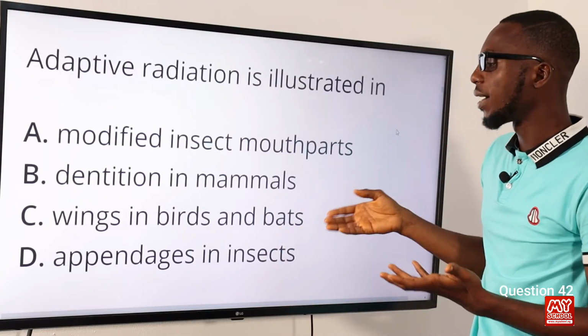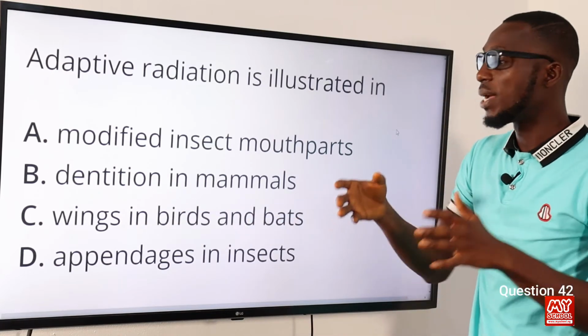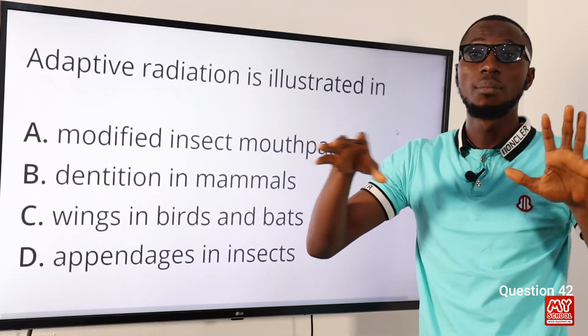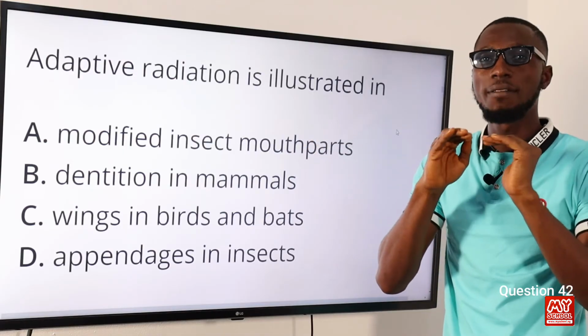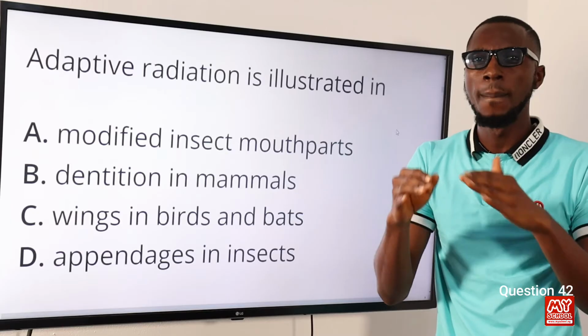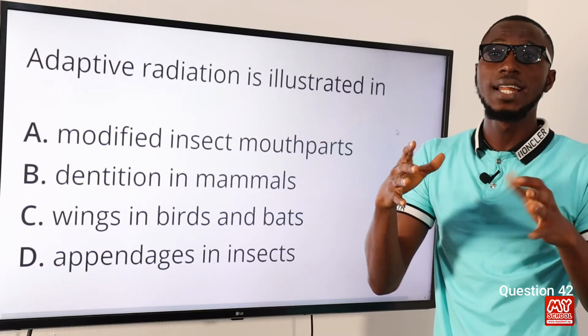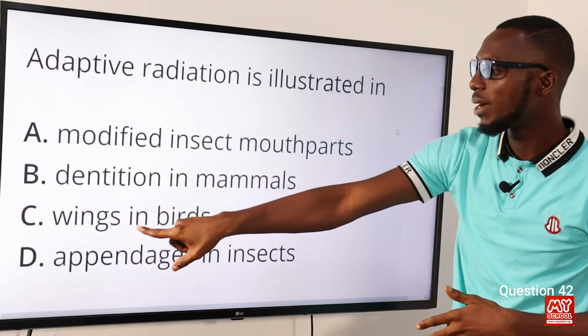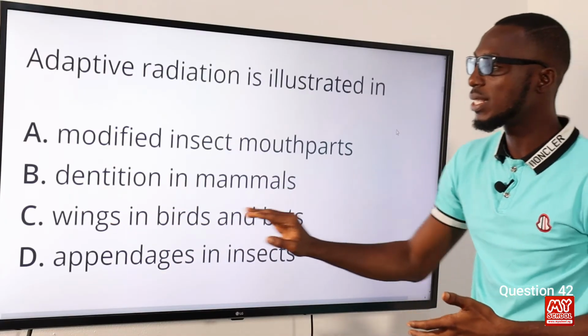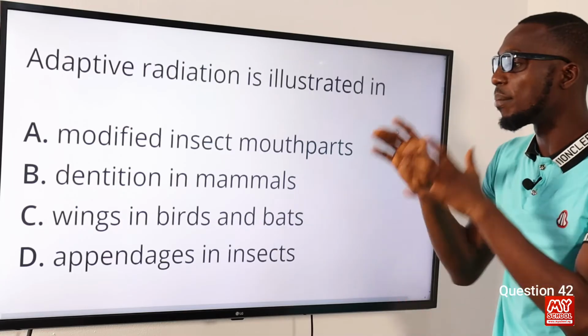When you talk about convergent evolution, you're talking about different kinds of organisms that have similar structures performing similar functions, probably because they stay in the same environment. So you can see the similarity when you talk about the wings in birds and bats. So this is an example of convergent evolution.